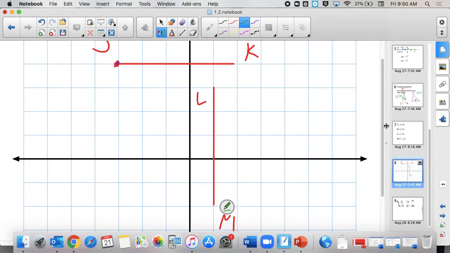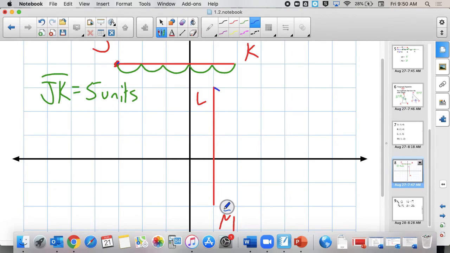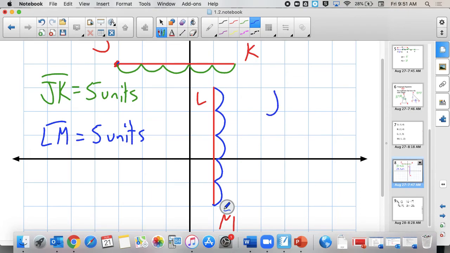So J to K we count 1, 2, 3, 4, 5. So JK is 5 units long. For L to M we also count 1, 2, 3, 4, 5. So LM is also 5 units long. Since both are 5 units long, we can say that JK, and remember your abbreviation here, is congruent to LM.